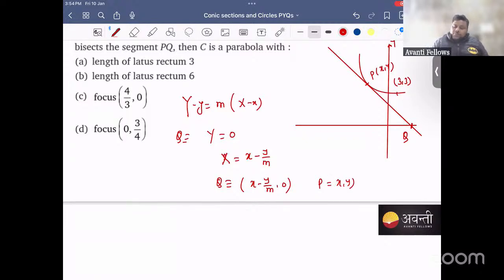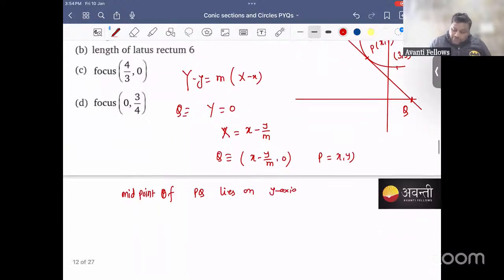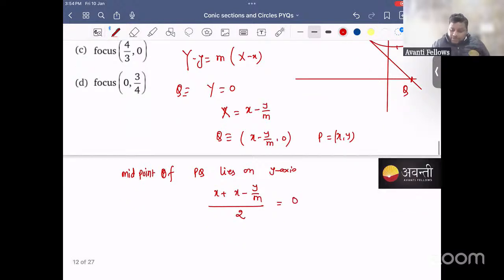Now see this point, the midpoint of PQ lies on y-axis. Yes or no? So midpoint is what? x plus x minus y by m, whole divided by 2. It lies on y-axis, means its x coordinate is going to be 0.